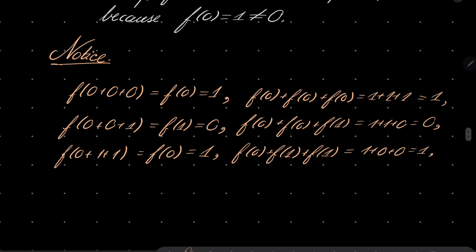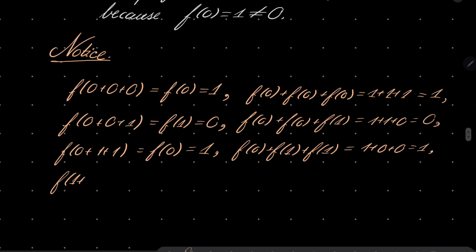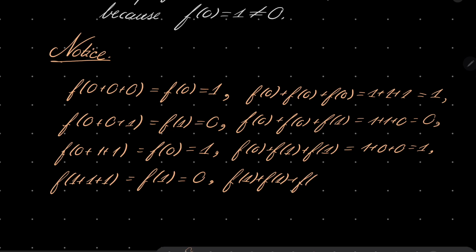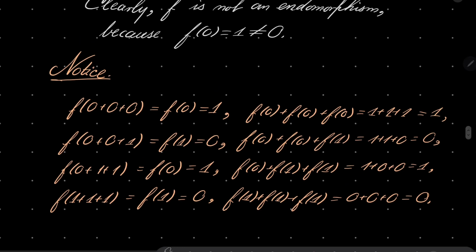And finally, f(1+1+1). It's f(1), and it's 0. While f(1)+f(1)+f(1) is 0+0+0, which is 0. So our function f satisfies the condition given, but it is not an endomorphism.